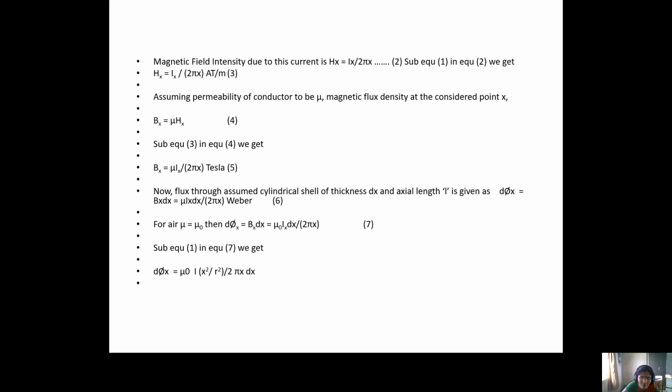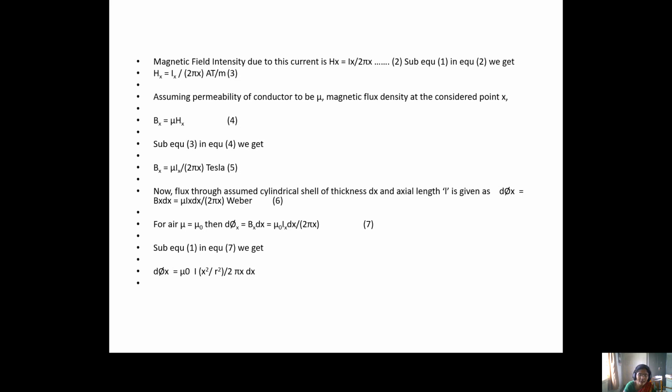Now flux flows through an assumed cylindrical shell of thickness dx and axial length L, so d phi x equals Bx dx, which is mu Ix by 2 pi x dx Webers. For air, mu equals mu naught into mu r, that is, permeability equals absolute permeability into relative permeability.